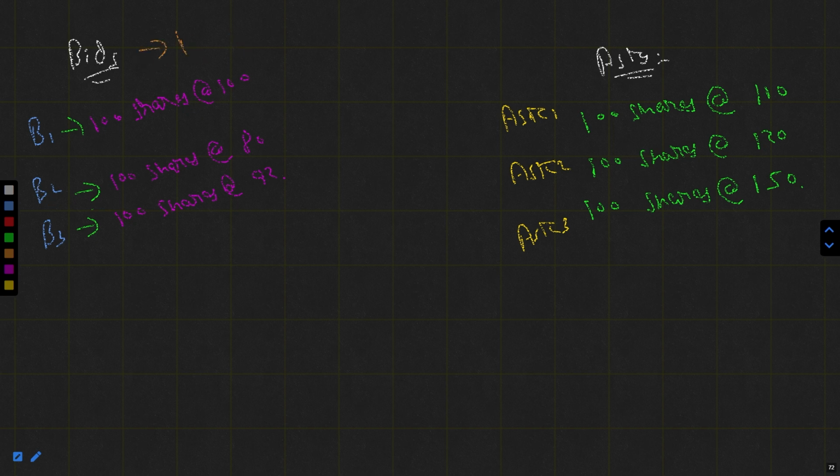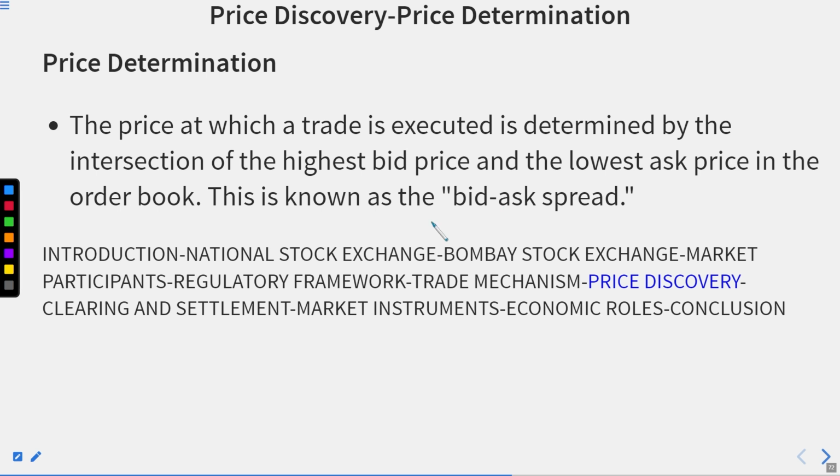Bid represents the buyers and ask represents the sellers. So this is the picture. If we understand it by the example, the price at which a trade is executed is determined by the interaction of the highest bid price and the lowest ask price in the order book.